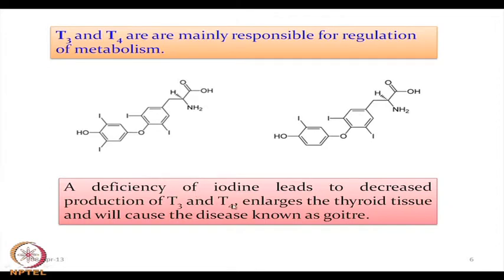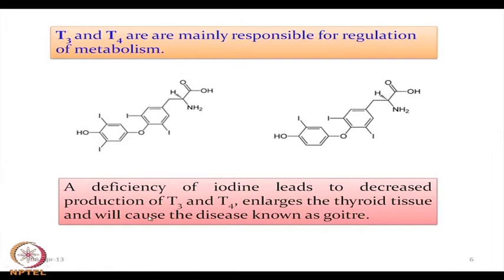So any deficiency of iodine leads to decreased production of T3 and T4. If the concentration of iodide ion required for regular production of T3 and T4 is sufficient, then only the required amount of T3 and T4 can be formed in our body.